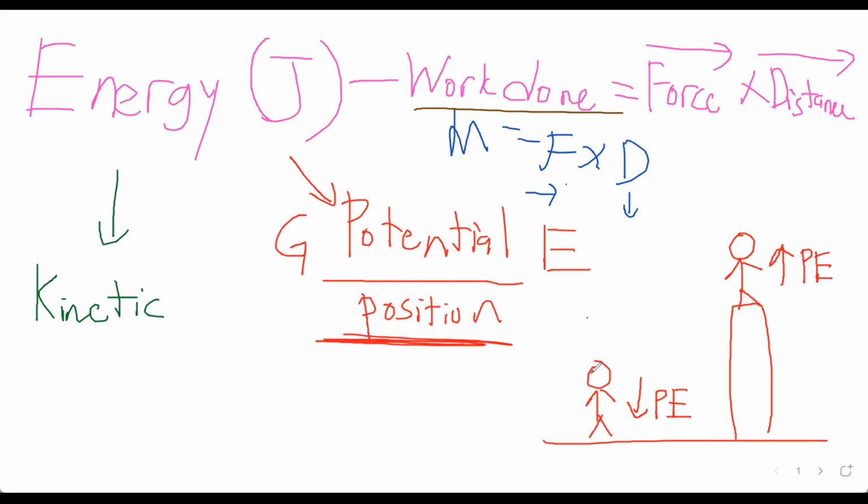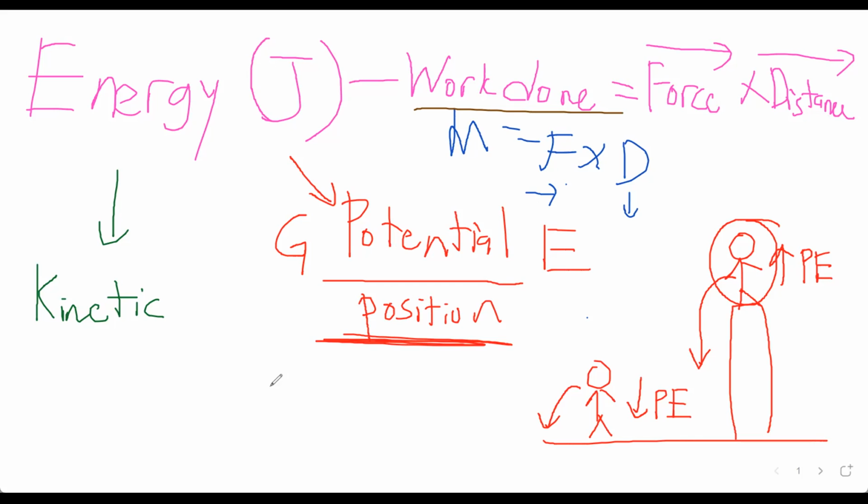Because if this guy were to fall down onto the ground versus this guy falling down onto the ground, logically speaking, this guy is going to get hurt more, because he had more gravitational potential energy converting into the energy that smashes him down to the ground. So always remember, gravitational potential energy is energy due to your position. The higher you stand, the more gravitational potential energy you have.